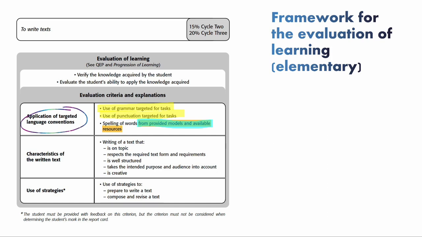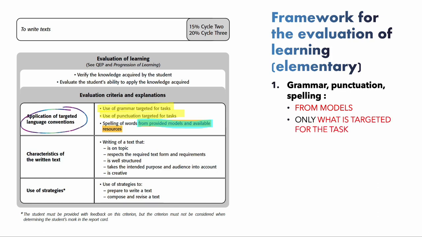You can't expect them to go write a sentence and then if they misspell a word, say, well, you should have looked it up in a dictionary. Really, we're focusing on the vocabulary that's already been taught. Okay, so the grammar, punctuation, spelling from models and what's targeted for the task.